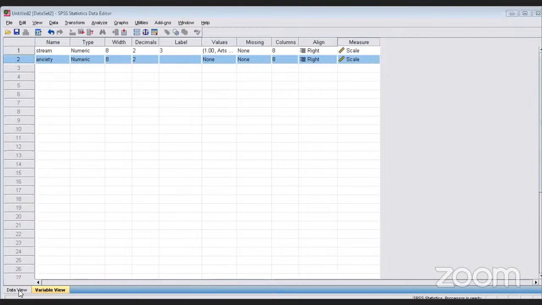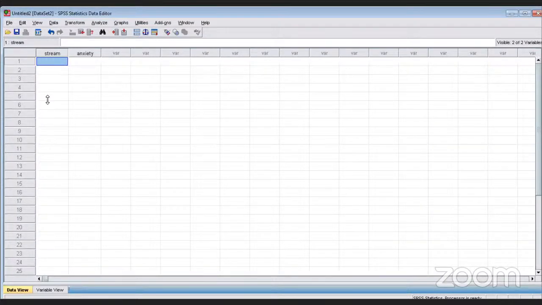Now let us go to the data view. Now here you can have any number of the arts teachers. You may take any number of the teachers in arts, maybe 20, maybe 30, maybe 15, it doesn't matter. So the number of arts teachers, science teachers, and commerce teachers may not be the same. It may be different. So here, let me write 1.